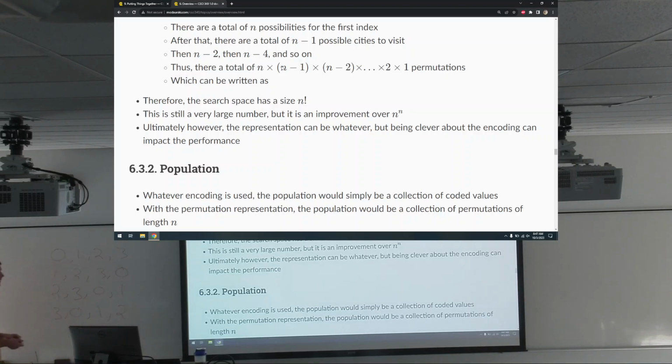Here's a funny thing. Here's another path. That's another path. But really, it's actually the same as all the other ones.